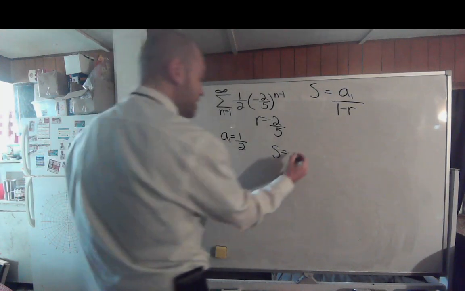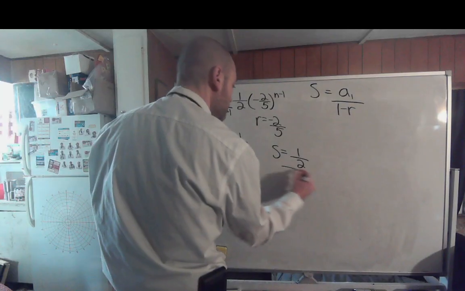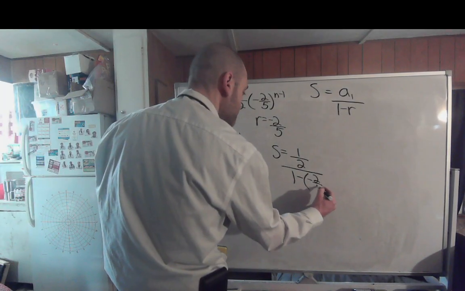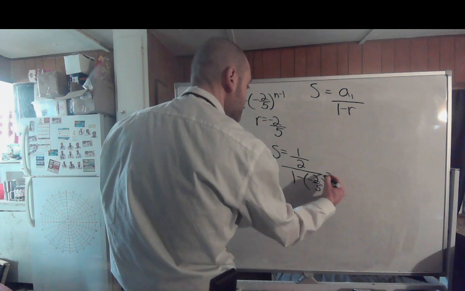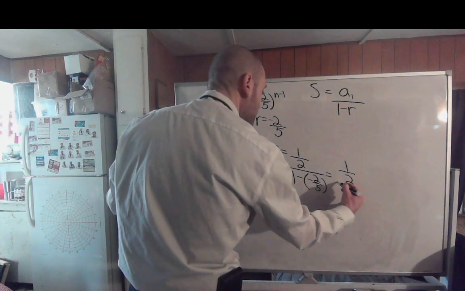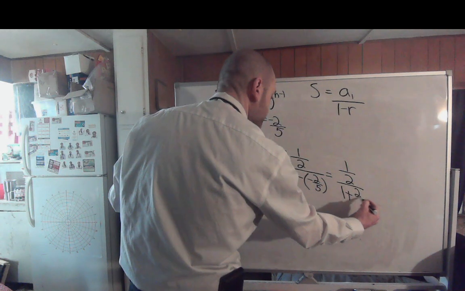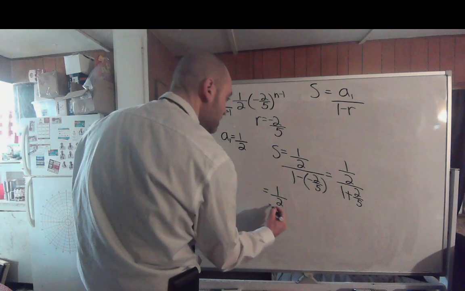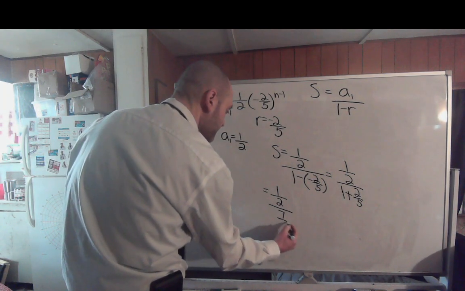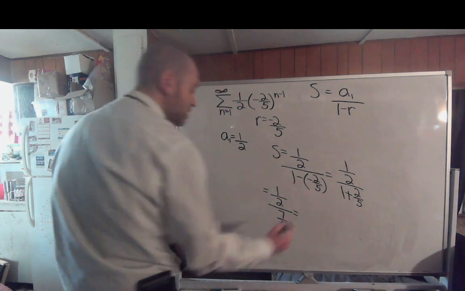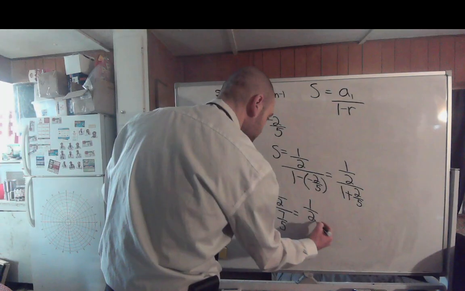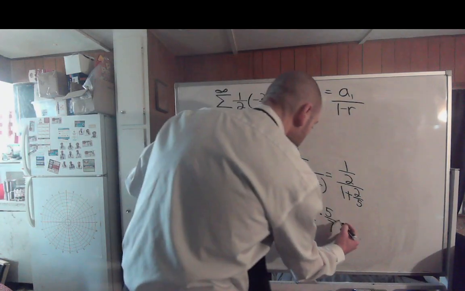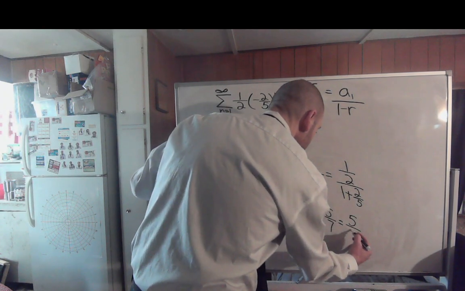So let's go ahead and find the sum. The sum would equal a sub 1, which is 1/2, all over 1 minus your common ratio of negative 2/5, which is going to equal 1/2 all over 1 plus 2/5, which is going to equal 1/2 all over 7/5, which would be 1/2 times 5/7, which would turn into 5/14.